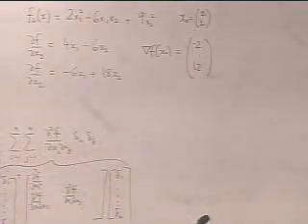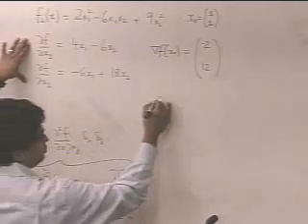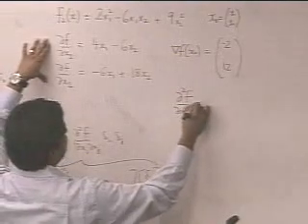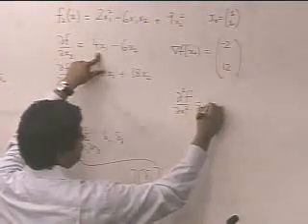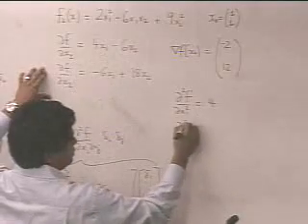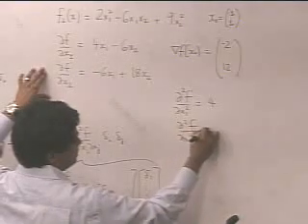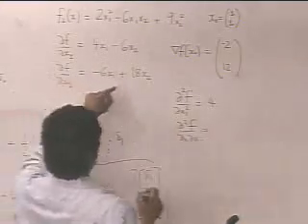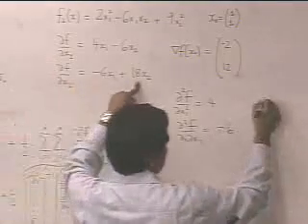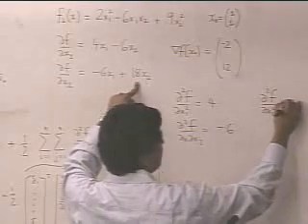Now when I compute the Hessian, I need to take the partial derivative of this again. You get the partial derivative with respect to x1 squared to be equal to 4 from here, and this is a constant, so you get 0. Del squared f over del x1 del x2 turns out to be, from here you get minus 6, there you get 0, and then I need one more quantity which is x2 squared, from which I get 18.